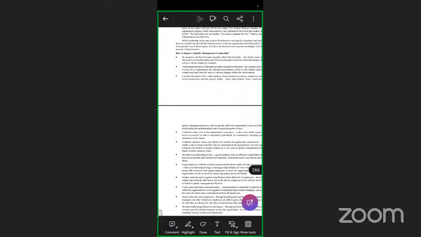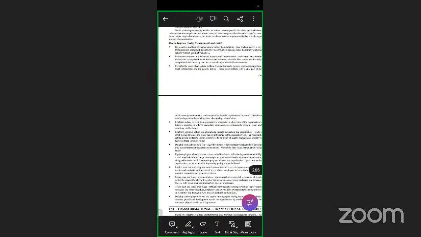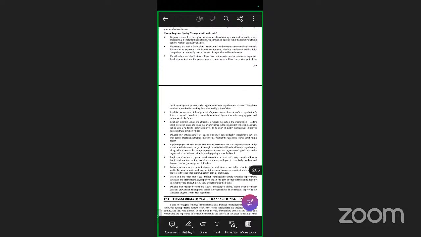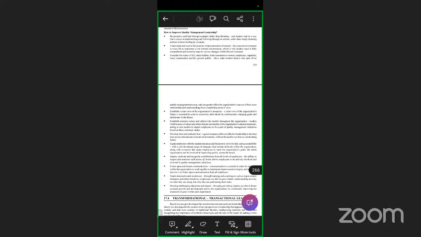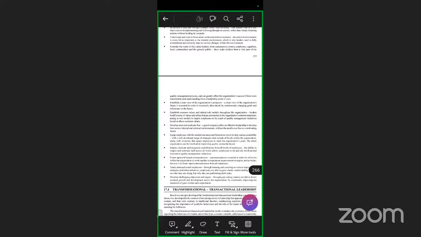Equip employees with the needs and resources and the freedom to strive for accomplishment. Inspire, motivate, and recognize the contribution of employees at all levels, and foster open and honest communication. Teach, train, and coach employees, and develop changing objectives and targets.